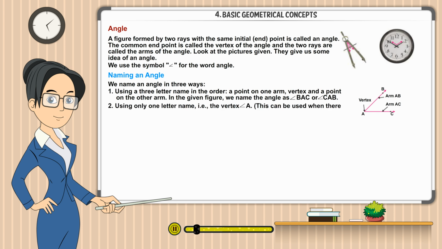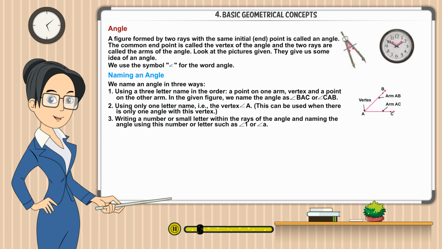Using only one letter name, that is the vertex, angle A. This can be used when there is only one angle with this vertex. Writing a number or small letter within the rays of the angle and naming the angle using this number or letter, such as angle 1 or angle a. Remember, the middle letter is always the vertex of the angle.